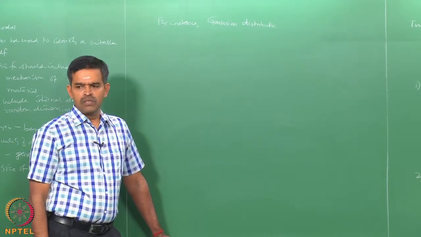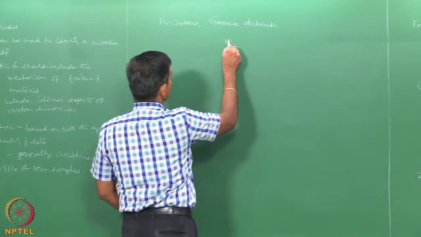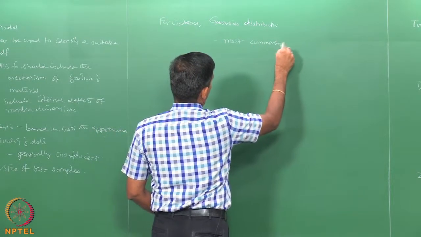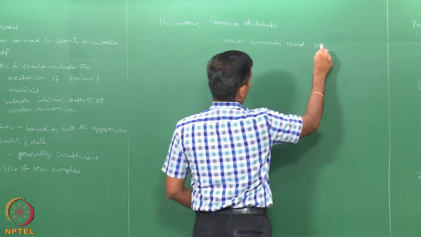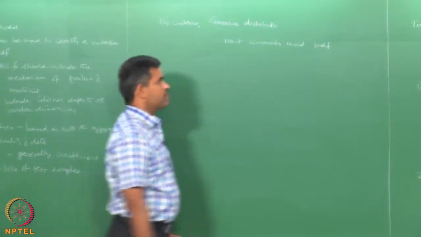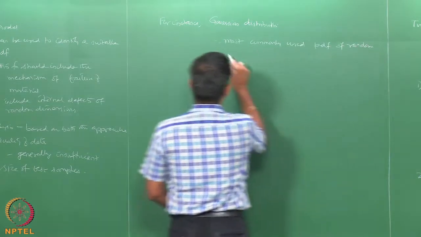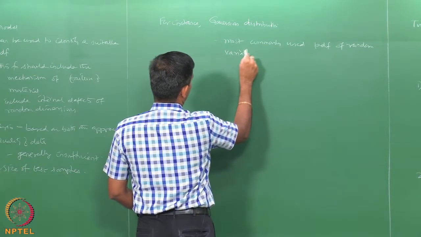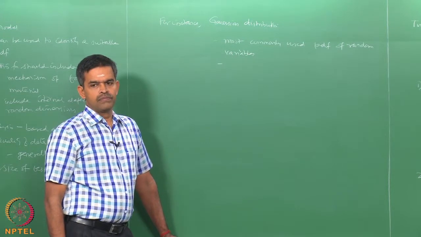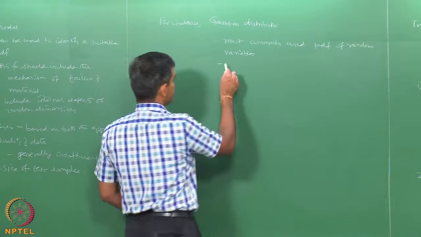Gaussian distribution is one of the most commonly used probability density functions which can represent the random variable. The difficulty with this is it represents an infinite domain.